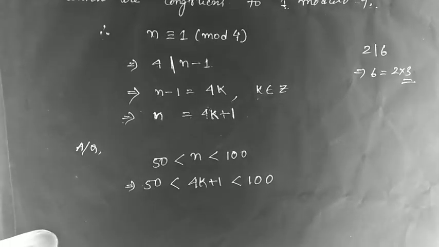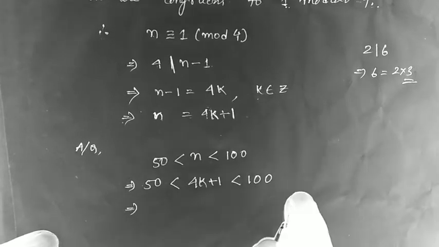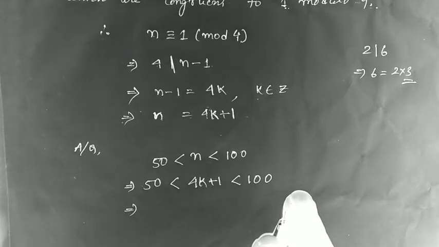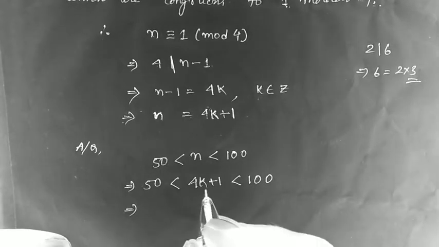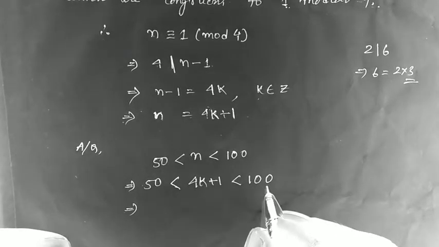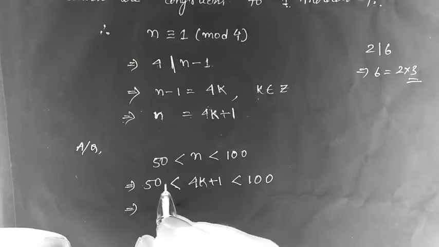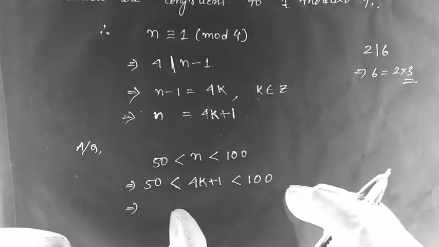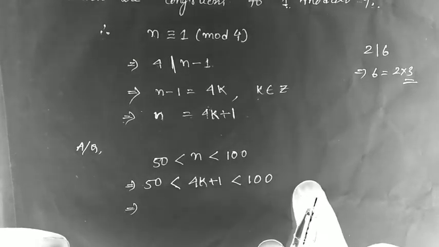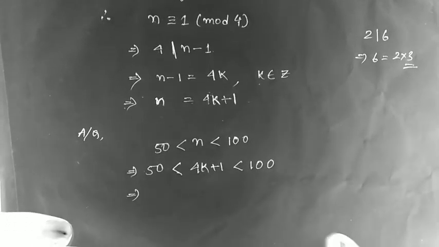This is nothing but an inequality, and in class 9 advanced we have studied that in an inequality, if we subtract or add the same number, we have to do it on all sides of the inequality.